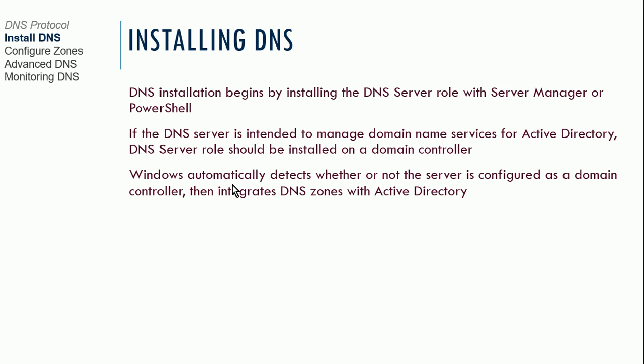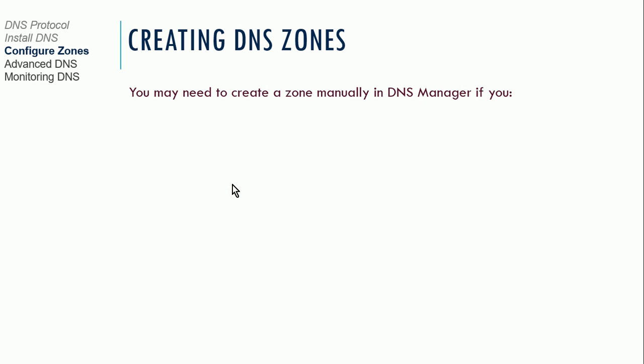There are some extra functionalities that we need with DNS when we're running it with Active Directory. So it is important, if you are using Active Directory, to ensure that the DNS server is installed on an Active Directory server. All right, in the next slide deck, I'm going to talk in more detail about creating DNS zones. DNS zones can be rather complicated, but we'll try to keep this as simple as possible. So that'll be the next slide deck.